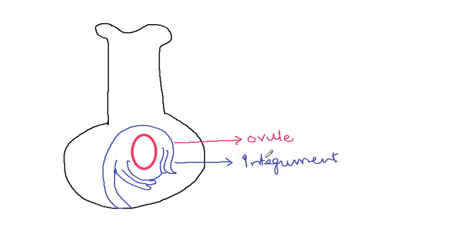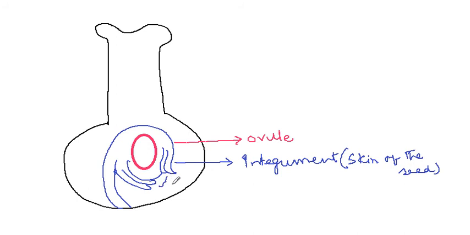Okay, so integument in the future, it would become the skin of the seed. Generally 2 or 3 layers of integuments are there in a typical ovule. Now this integument, it is not complete in a particular site or a region.